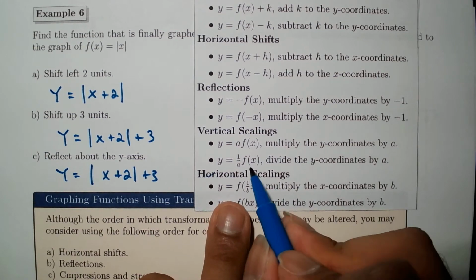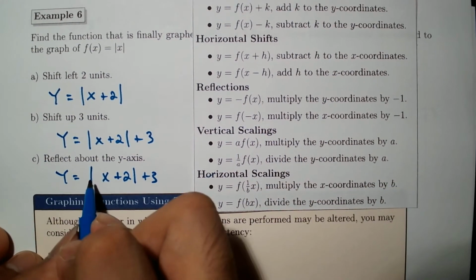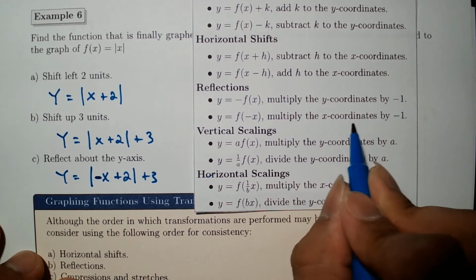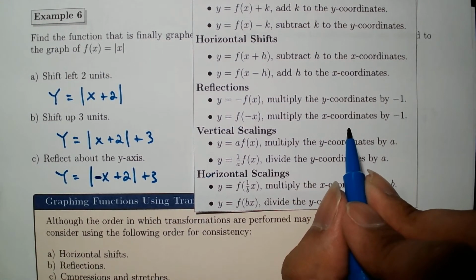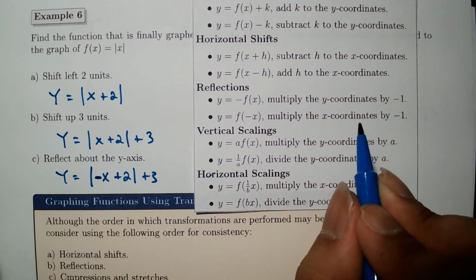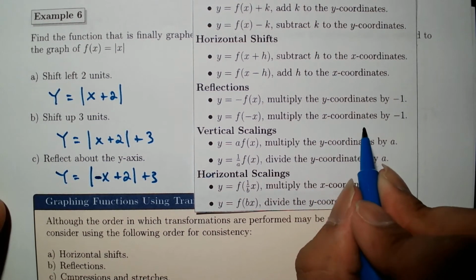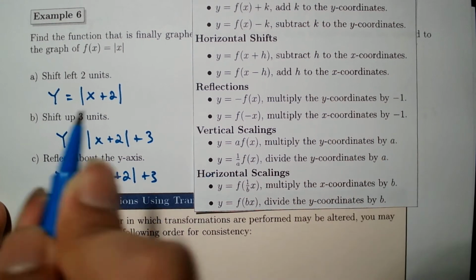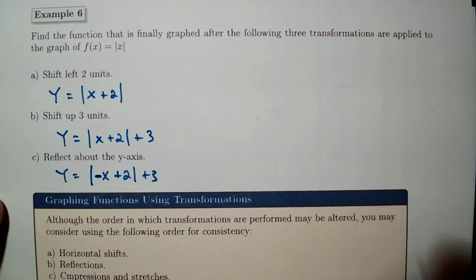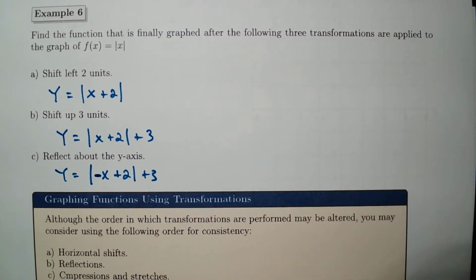In this case, we want a negative multiplying the x. That's going to reflect all the points across the y-axis, by multiplying the x coordinates by -1. And those are the functions that we obtain here.